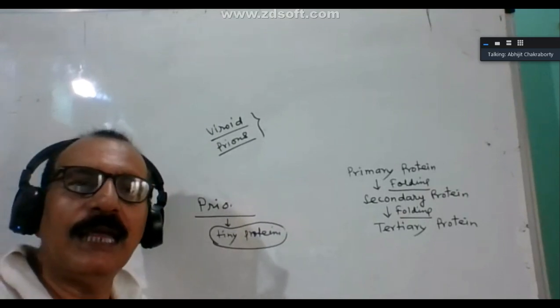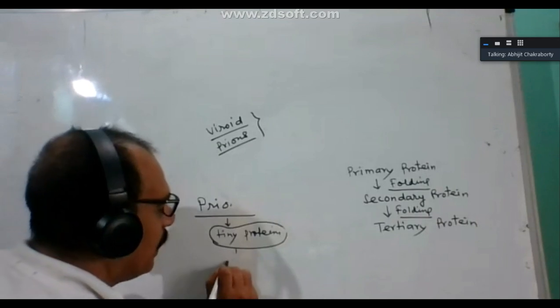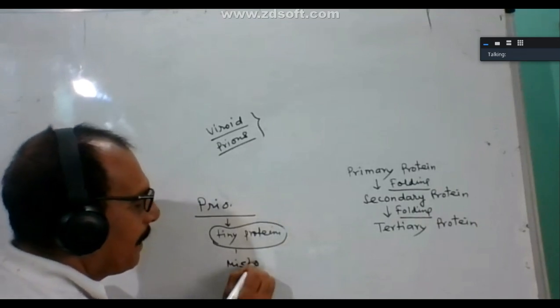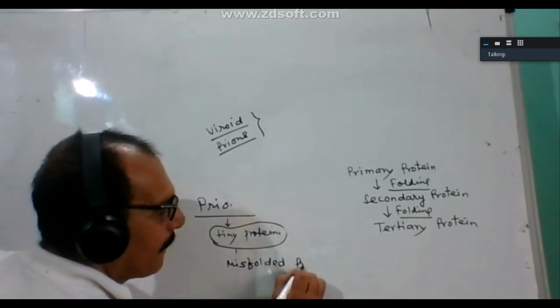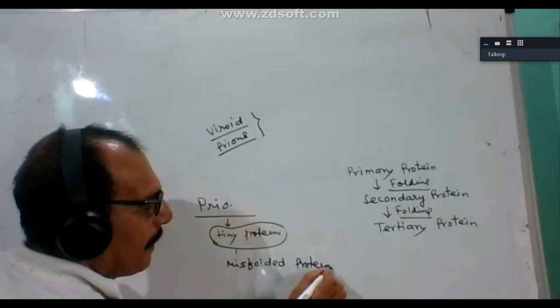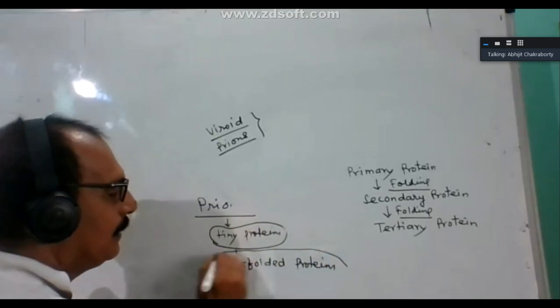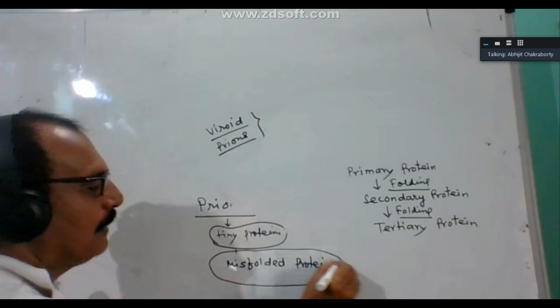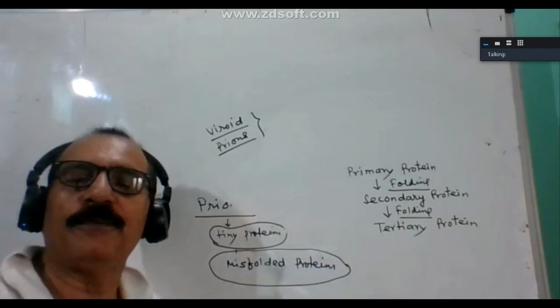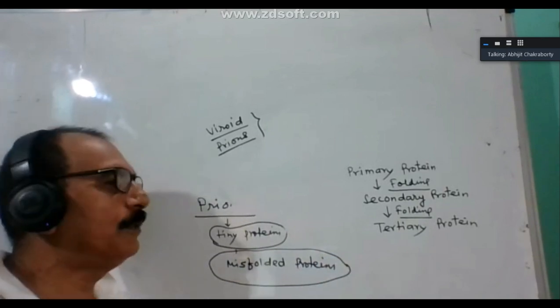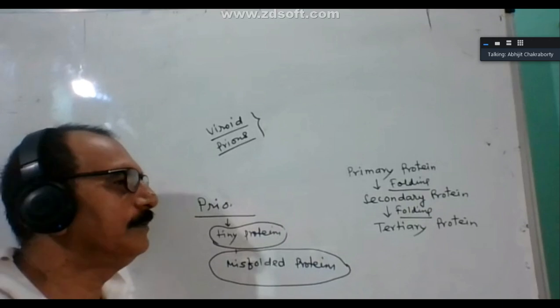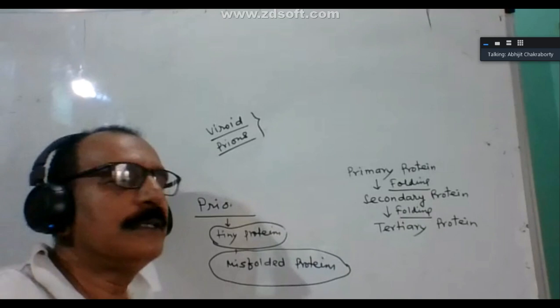Actually, prions are, you can call them, misfolded proteins, which are not properly folded.